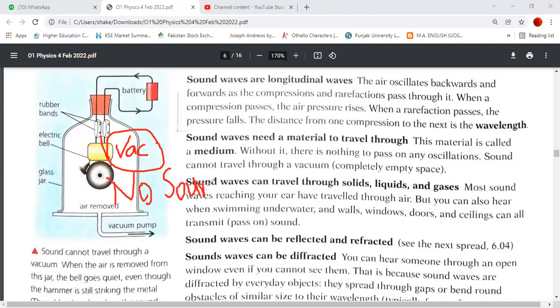Although you will see that the bell is switched on and ringing, there is zero sound. What does this mean? That sound needs air or some other material to pass through. If there is no air or other material, and there is only vacuum, then the sound will be unable to travel through that system.